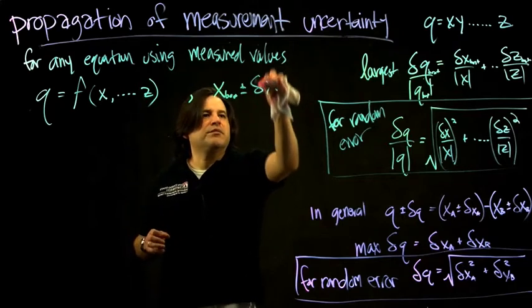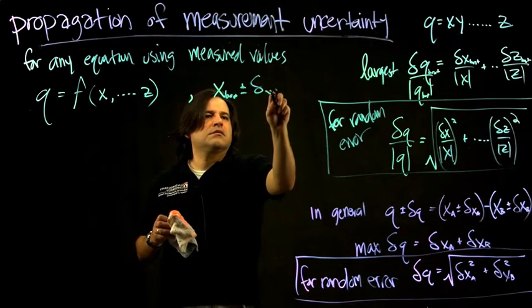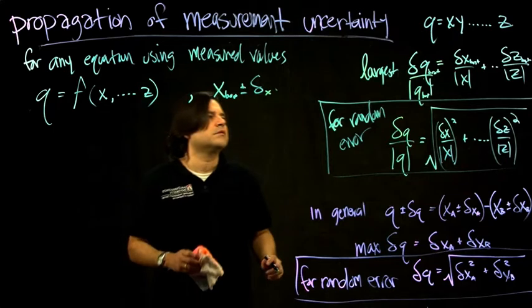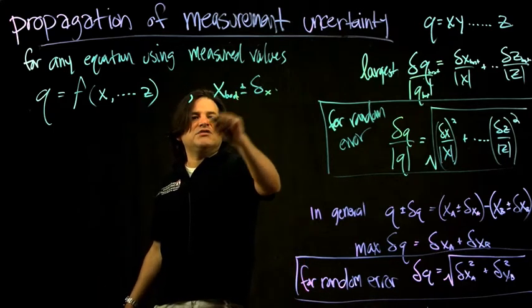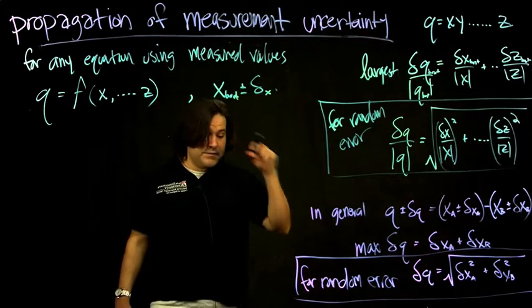Should be a subscript. Each of these x through z has their uncertainty.